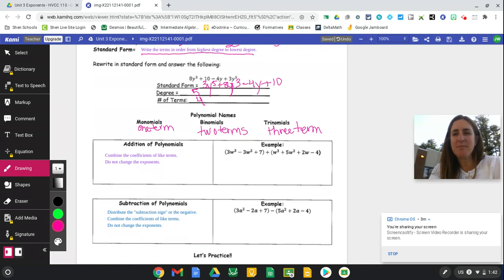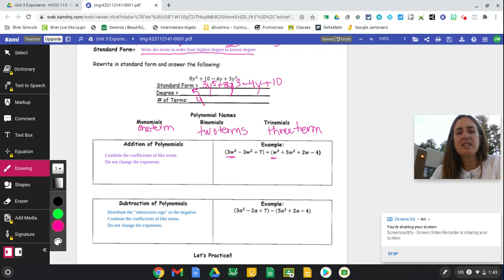Okay, let's get into some adding and subtracting. So if we're adding polynomials, we can only add polynomials that are like terms. So like in this example here, 3w to the third and this w to the third are like terms because they share the same power of their exponent.